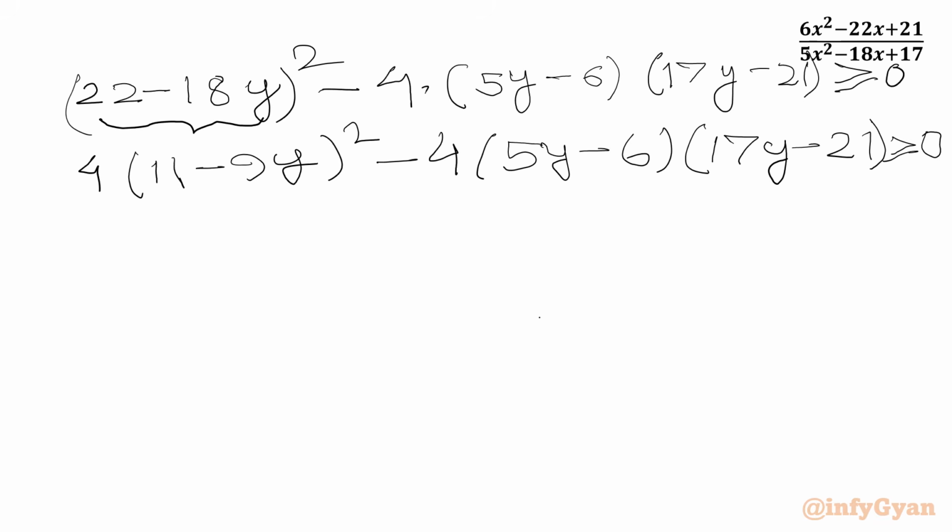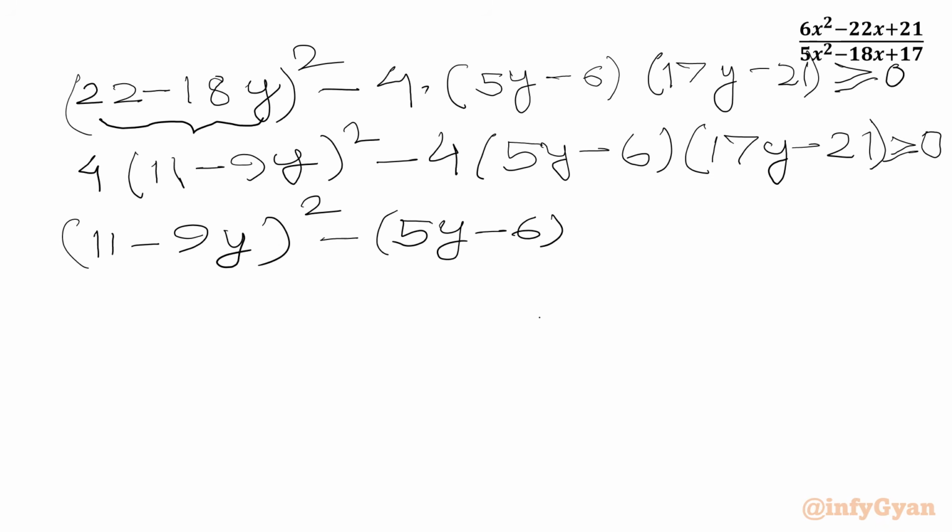Now we can divide our inequality by 4 and we will get (11 − 9y)² − (5y − 6)(17y − 21) should be greater than or equal to 0.